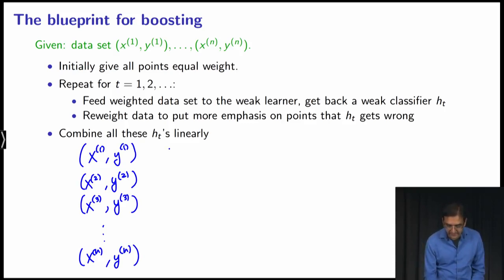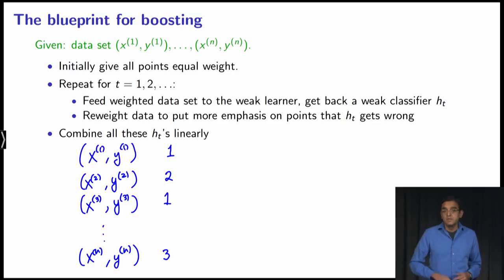For example, to say that this has a weight of 1, this has a weight of 2, this has a weight of 1, this has a weight of 3. A weight of 2 is basically equivalent to having 2 copies of that data point. It's as if there were 2 of them. Now we could achieve this effect by simply duplicating the data points, but most learning algorithms are easily able to accommodate weights without explicitly making copies of points.